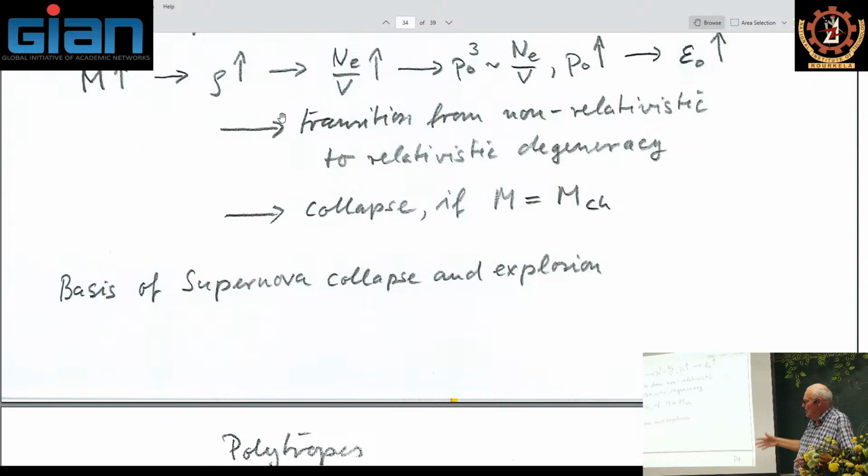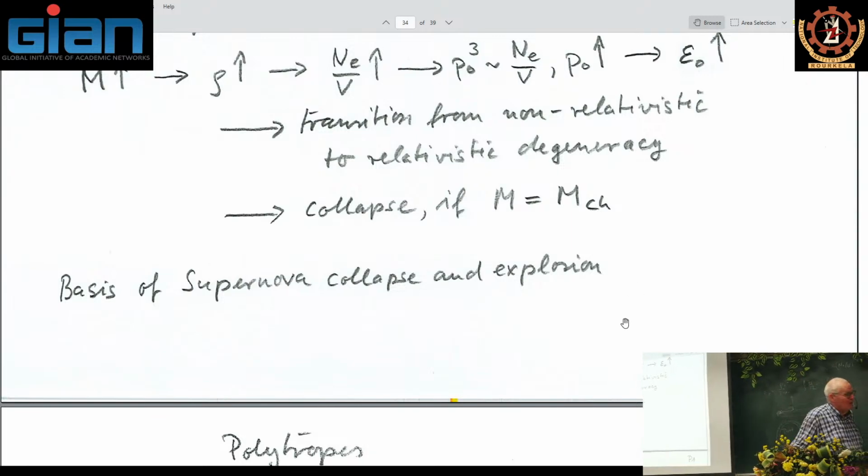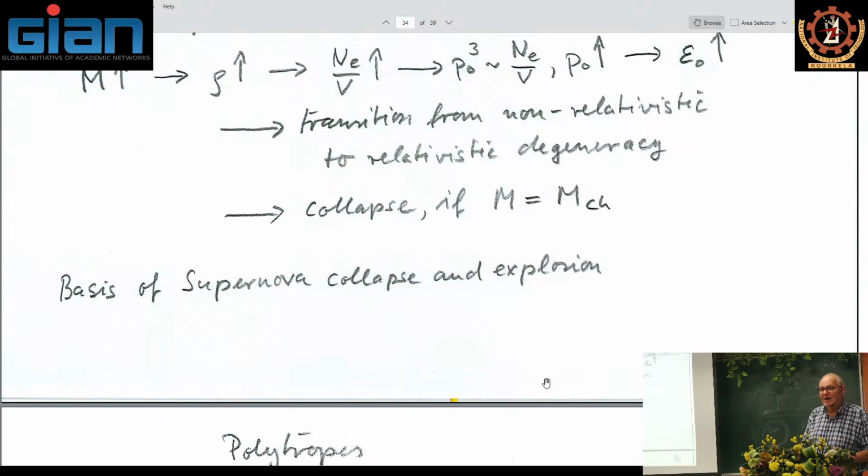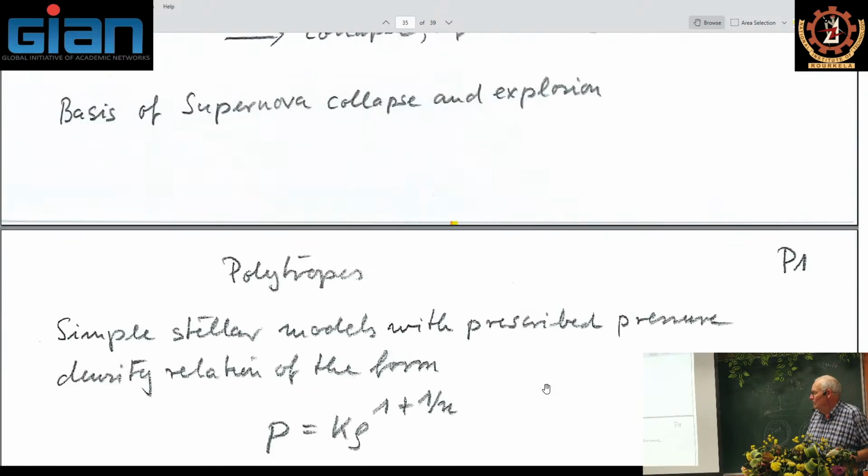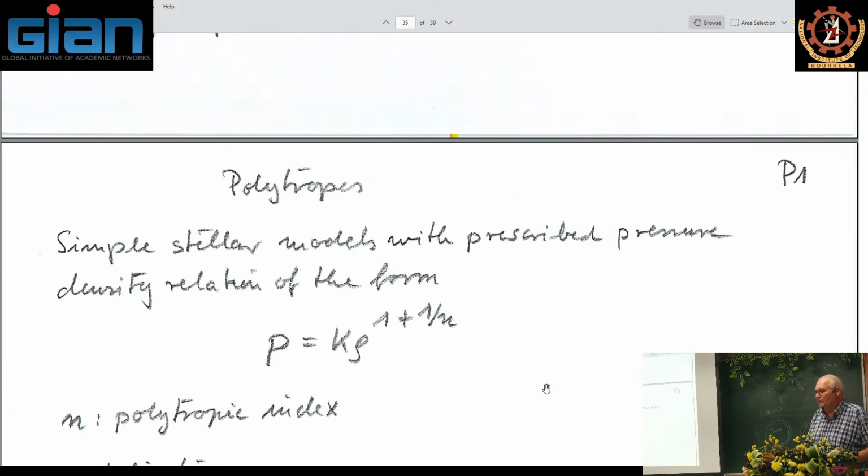We will use them as toy or idealized models to study stellar pulsations. These are the polytropes. And how much time do I have? 5 minutes. So let me just introduce what polytropes are.